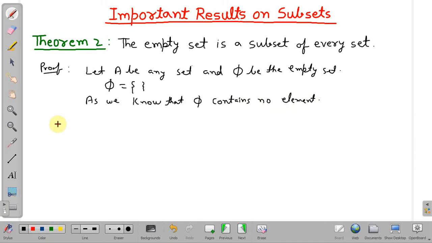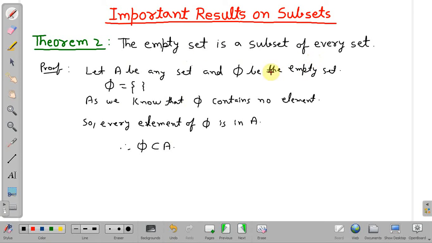So every element of phi is in set A. So we can say that the empty set is a subset of set A, as set A is any set we have considered. So the empty set is a subset of every set.